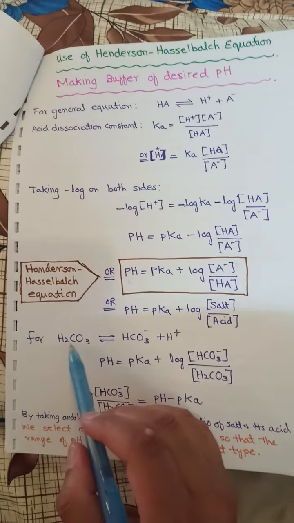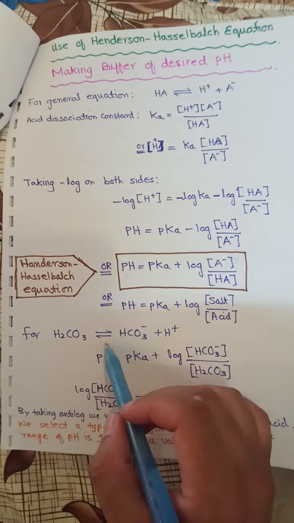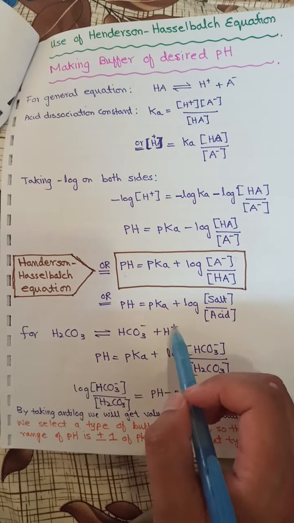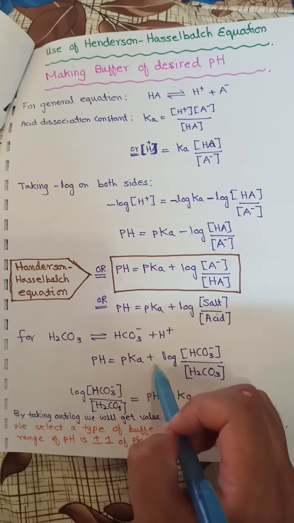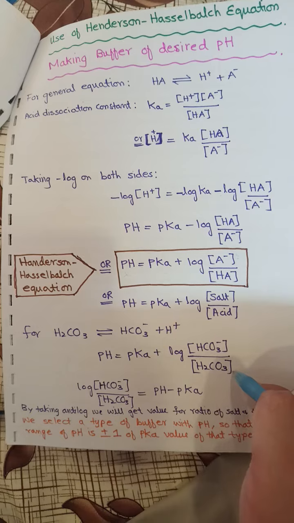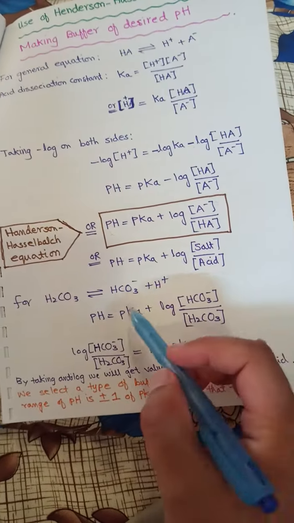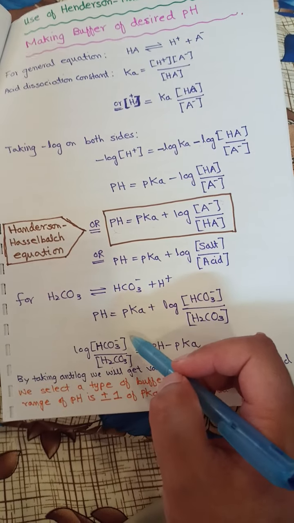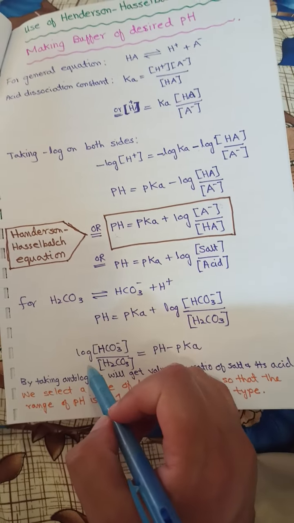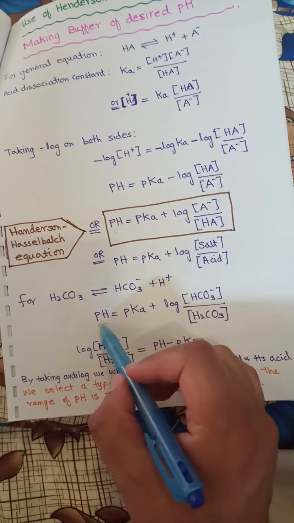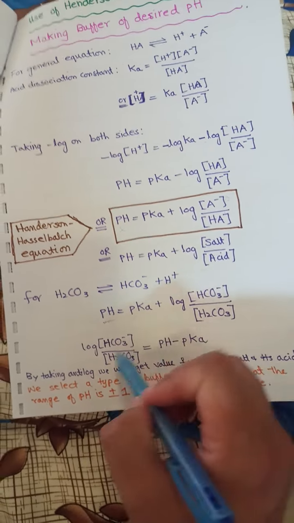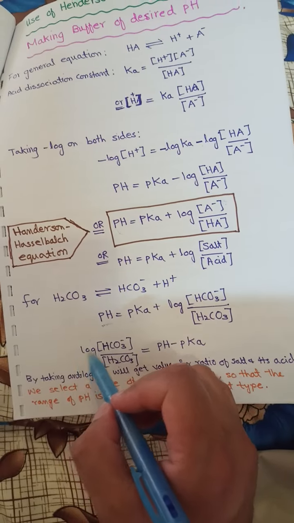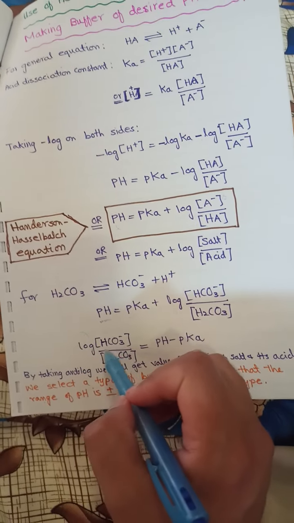Let's suppose we have carbonic acid, which is converted into bicarbonate and hydrogen ion. So pH is equal to pKa plus log of bicarbonate over carbonic acid. If we have to make a carbonic acid buffer of desired pH, we require the value of pH and the pKa of that acid, and then we take the log.